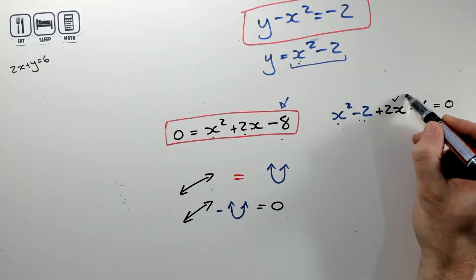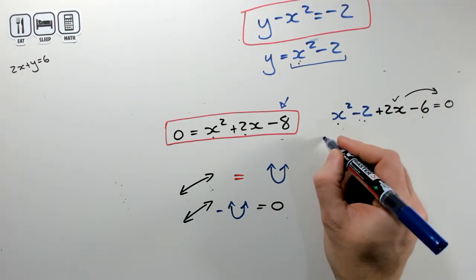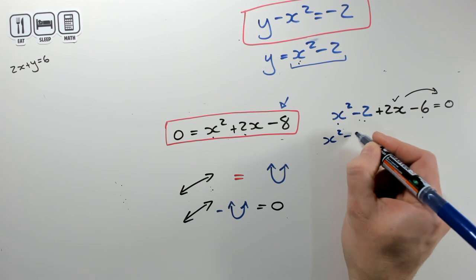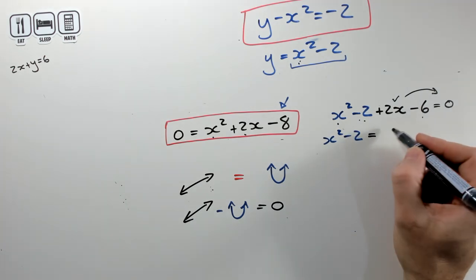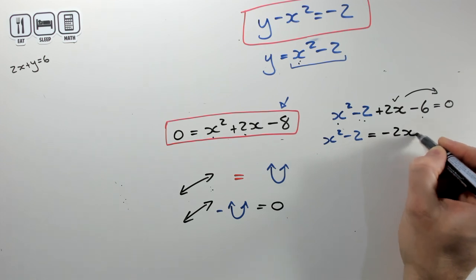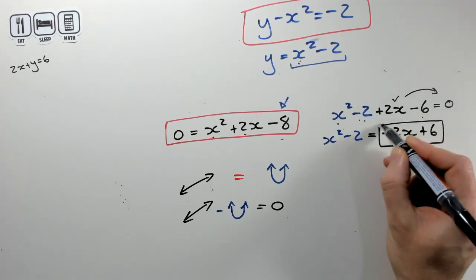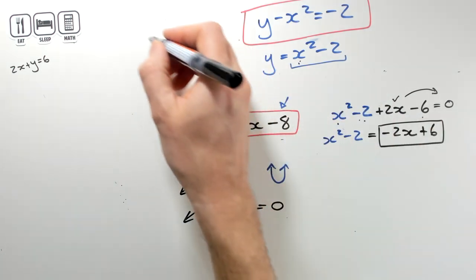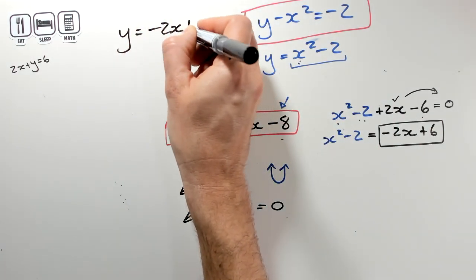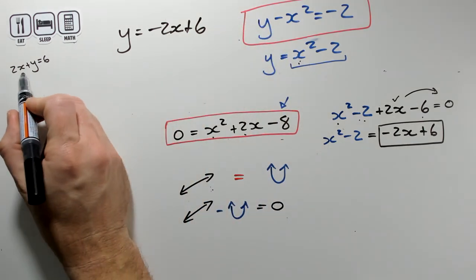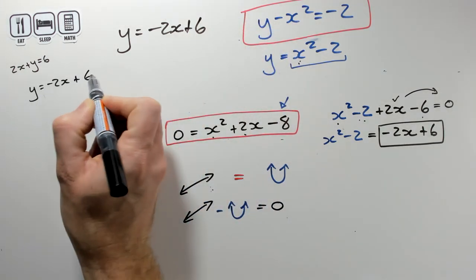Then I'm just going to move the line back over so that on this side I'm left with x squared minus 2, and on the other side I'm left with minus 2x plus 6. And this now is the line that we're looking for. So I can write it as y is equal to negative 2x plus 6.